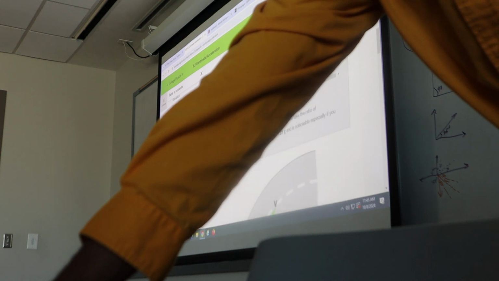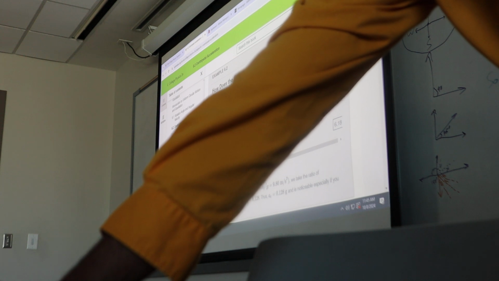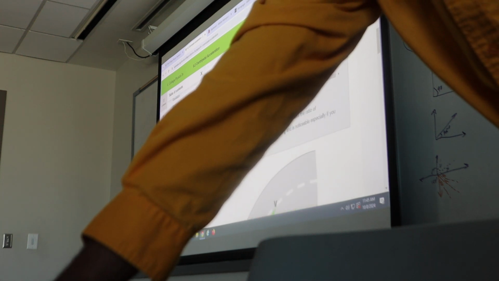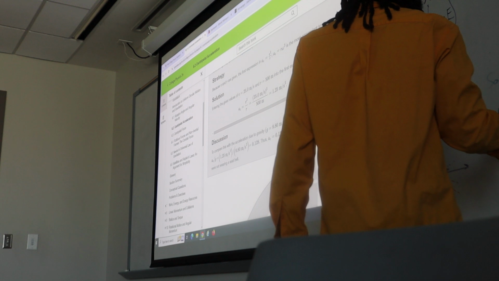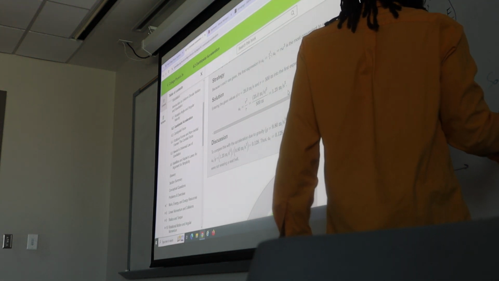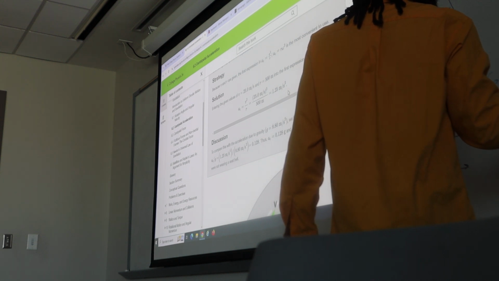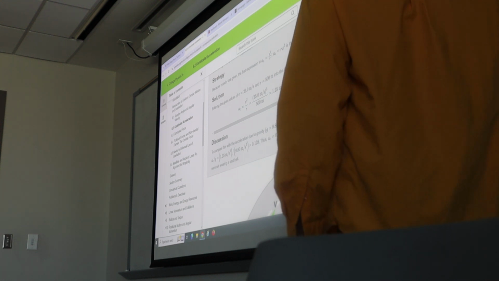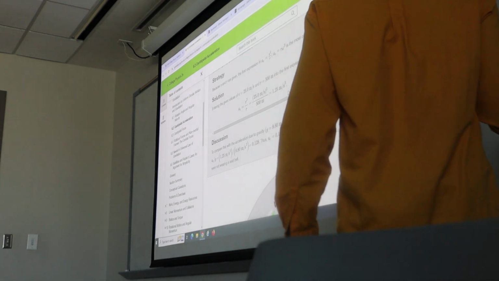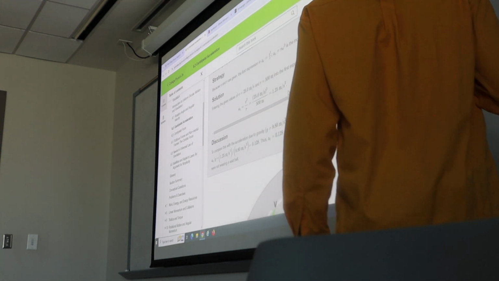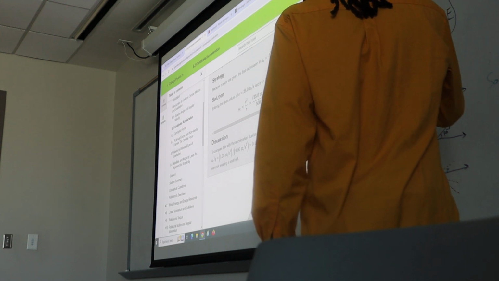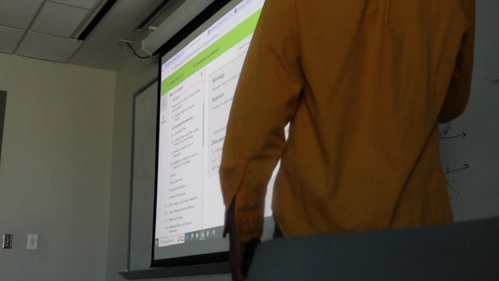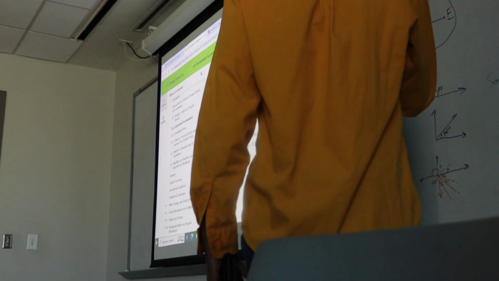Look at centripetal acceleration. So here's centripetal acceleration, AC equals... Because V and R are given, the first expression, AC equals V squared over R, is the most convenient to use, which is also AC equals R omega squared.